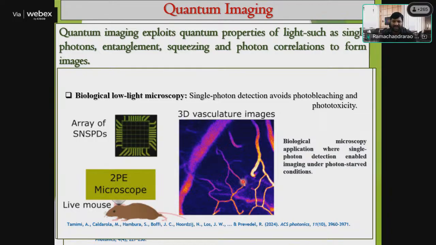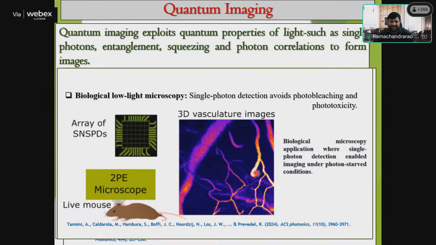Then you can stop the damage, then you can save a lot of human lives. This is a very, very powerful application in the medical section. So the important point is that you must know how to image with a single photon, which is a quantum source, at the single cell level, not multiple cells.